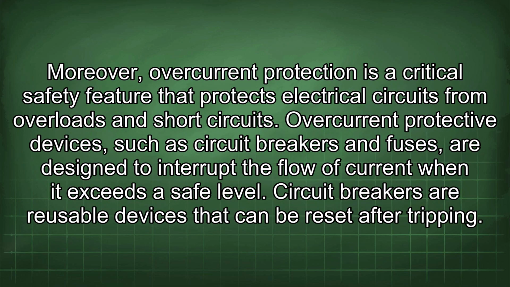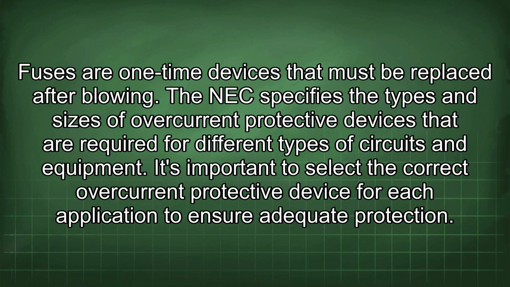Moreover, overcurrent protection is a critical safety feature that protects electrical circuits from overloads and short circuits. Overcurrent protective devices such as circuit breakers and fuses are designed to interrupt the flow of current when it exceeds a safe level. Circuit breakers are reusable devices that can be reset after tripping. Fuses are one-time devices that must be replaced after blowing.